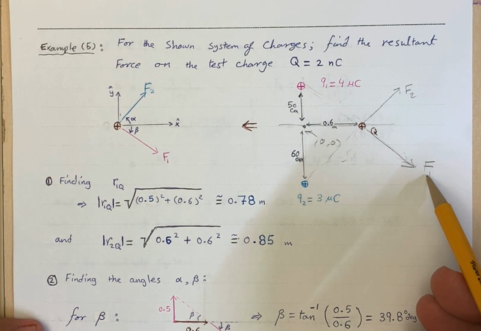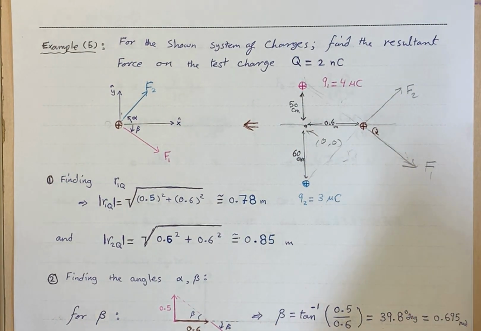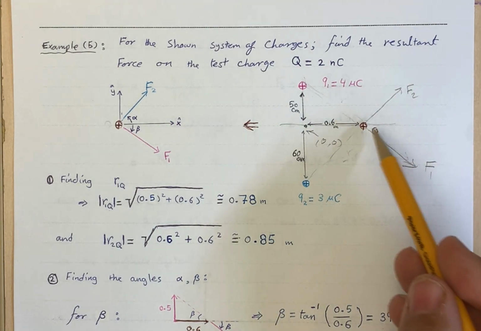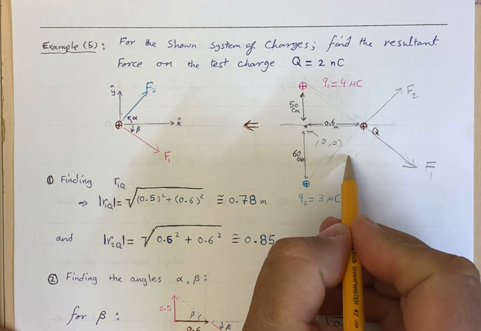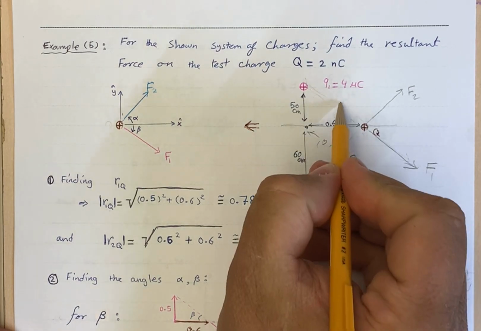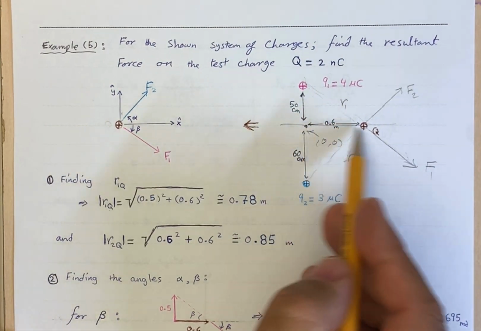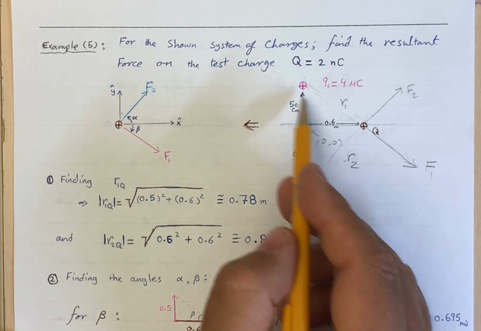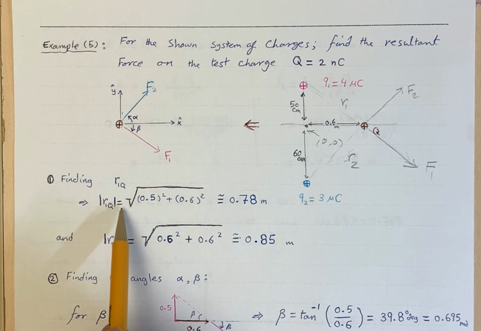How can I find F1 and F2? Easy, by using Coulomb's law. The charges, I know them. I need to know the distance. K is known, it's a constant. The distance, this is R2 and this is R1. But because I know the other sides of this right triangle and this right triangle, I can find R1 and R2 using the Pythagorean theorem.